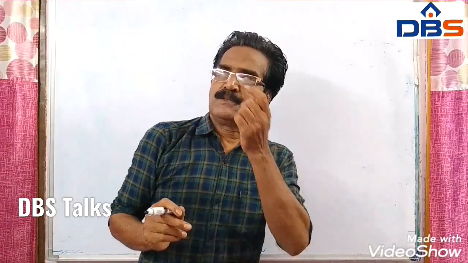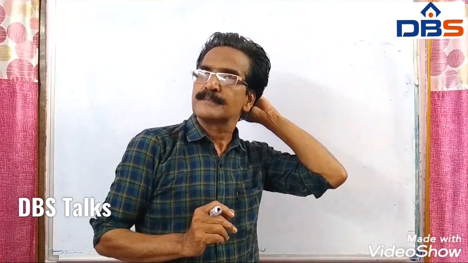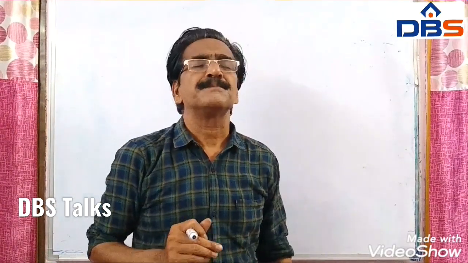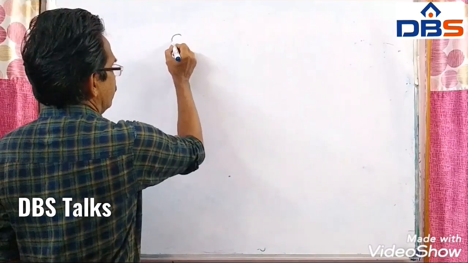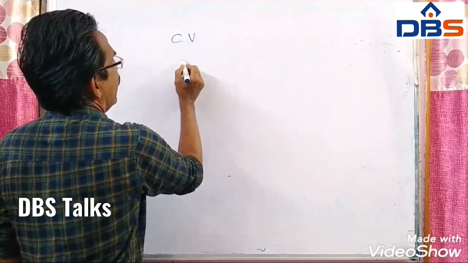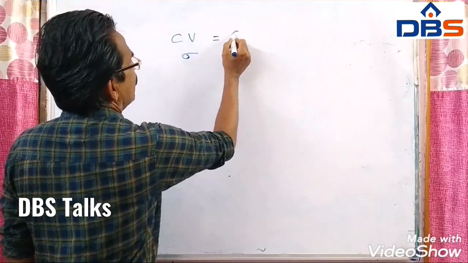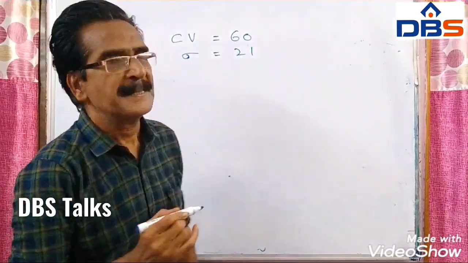See, friends, this is the question asked in 2019 EAMCET, evening section. The coefficient of variation and standard deviation are 60 and 21 respectively.